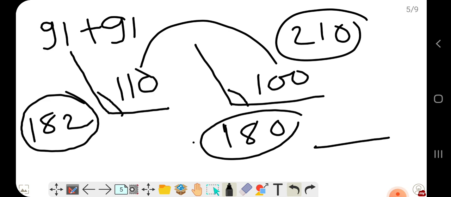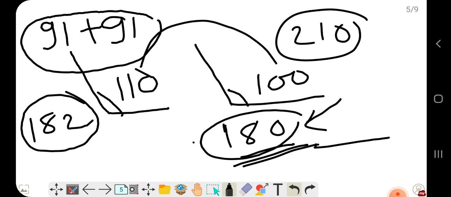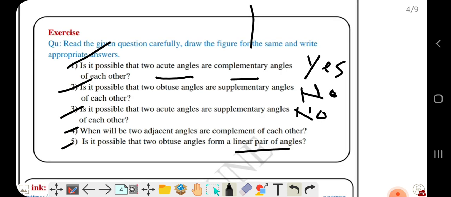To be a linear pair, the sum of two angles should be 180. So the minimum addition of obtuse angles comes out to be 182, or we can see other examples like this. So this is not possible. So the answer to whether two obtuse angles can form a linear pair of angles is no.